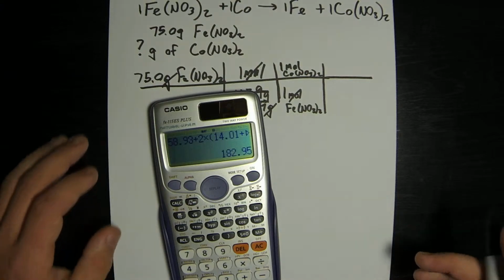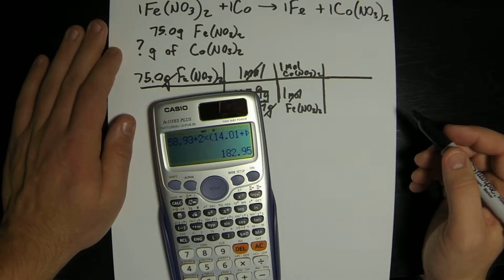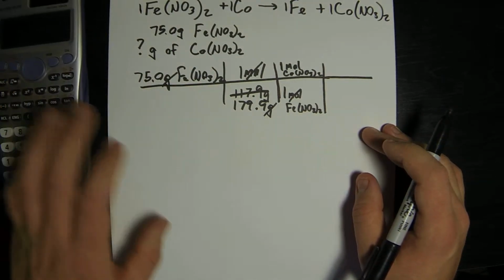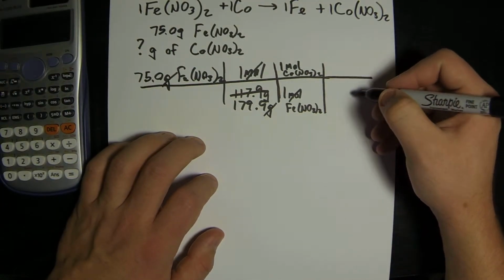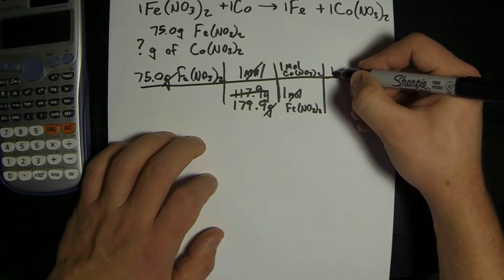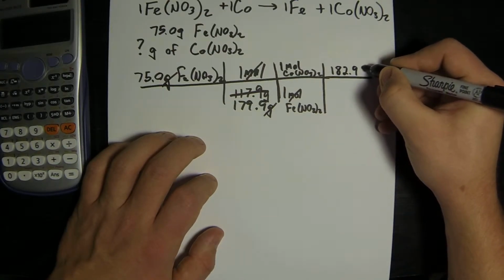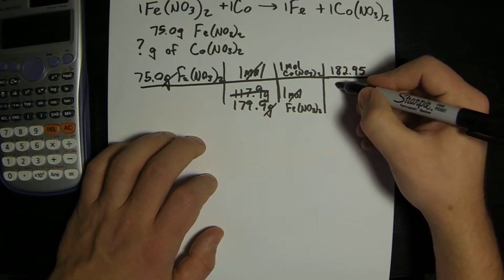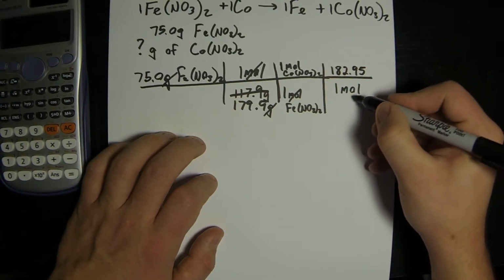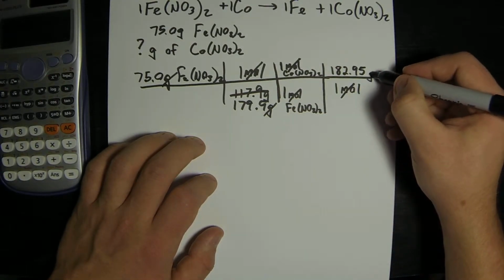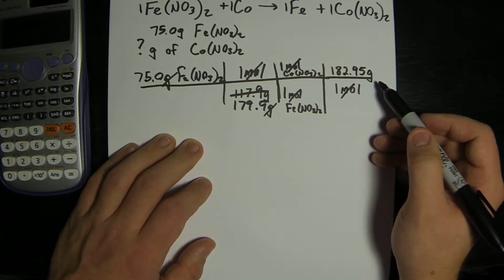There, 182, and that makes sense. Yep, 182.95. So I'll put that up here, 182.95 for 1 mole. Now these moles will cancel with these moles, and we are left with grams of cobalt.